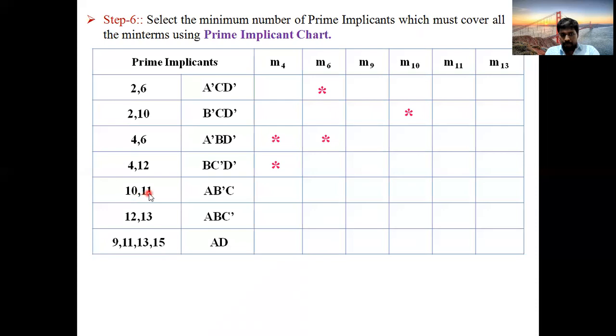Next 10, 11. 10 is there, 11 is there. 12, 13. 12 is a don't care. So remove that, only take 13. 9, 11, 13, 15. 15 is a don't care. So you can remove this. So by keeping like this, you will get the stars in this format.